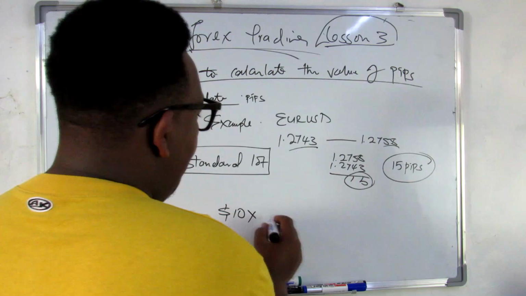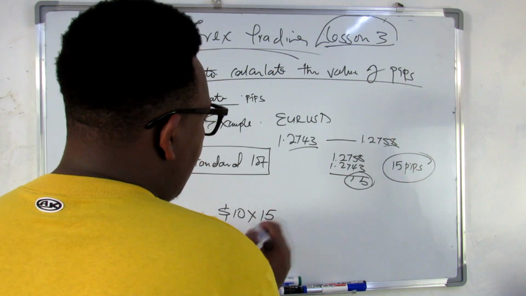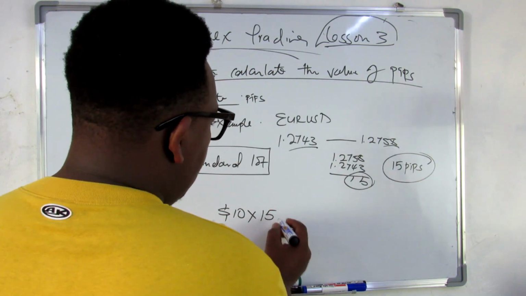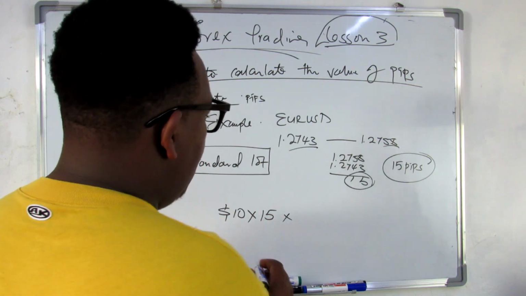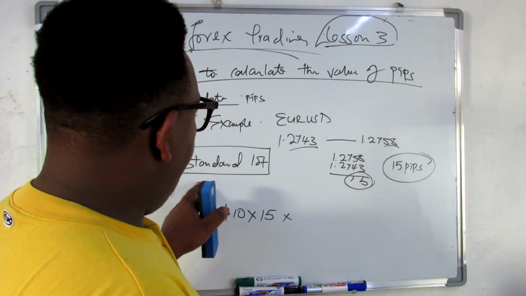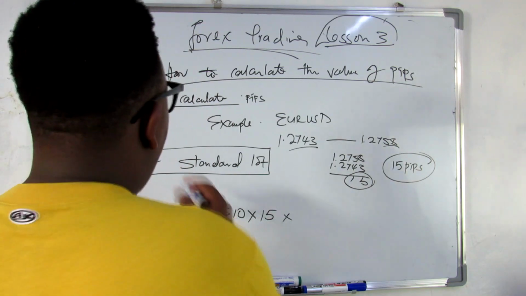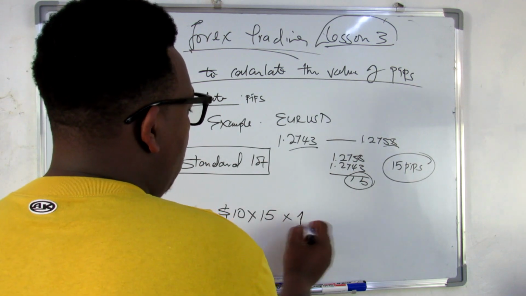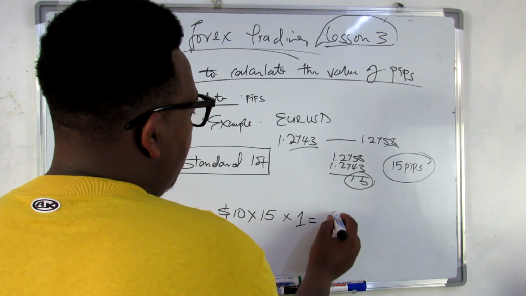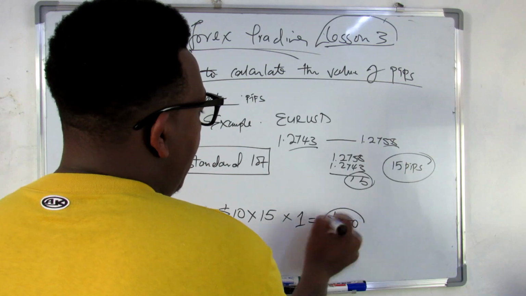You multiply by the number of pips the market has moved, and you multiply by the standard lots. Since we have just traded one standard lot, we're just going to trade one, which brings us to the value of that pip being $150.